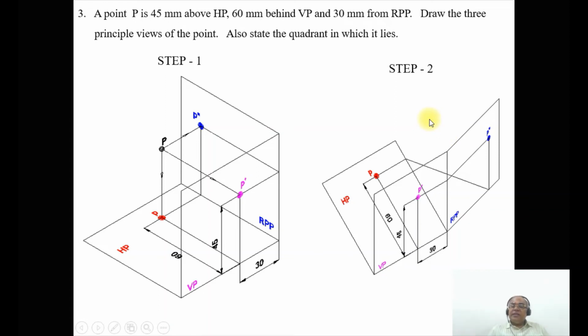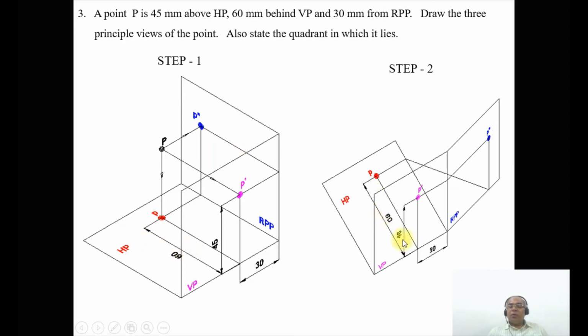And as you observe this, see what happens. You observe that P dash and P double dash are going to be on the same line. That means above HP is 45. That above HP, which is vertical in the vertical plane, also becomes vertical in the right profile plane. Now initially it was horizontal here.